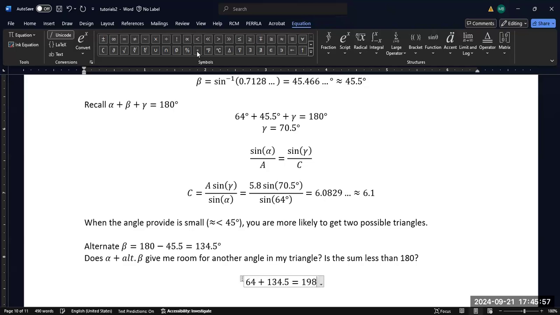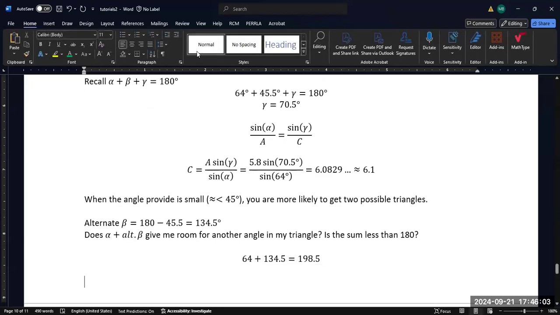is 198.5. So this is already bigger than 180, and therefore is not going to give me room in the triangle for another angle. I can't have negative size angles. I'm already over the allotment. So this does not give me a second triangle.